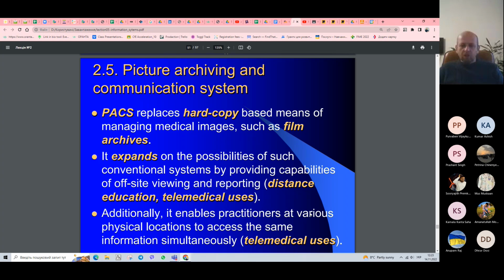Additionally, it enables practitioners at various physician locations to access the same information simultaneously.